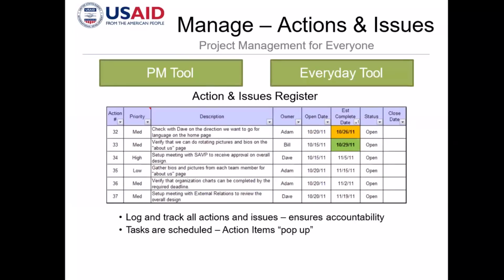So you will have something like this, an action and issue register. So you will have a date when it should be addressed, right? So you will also classify the priority of those issues or risks that need to be addressed. This is like a logbook of all the issues and action items.